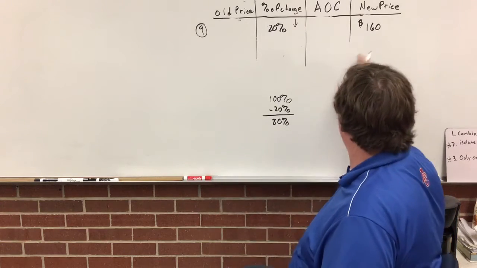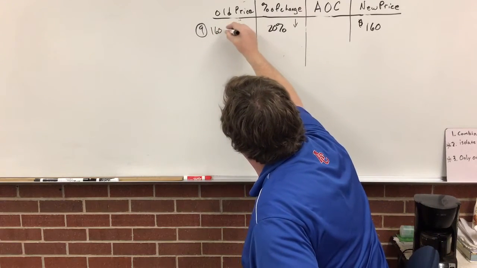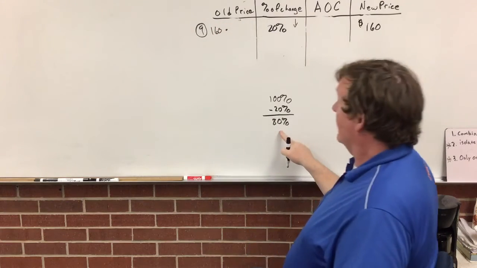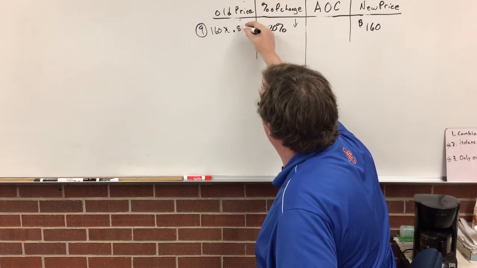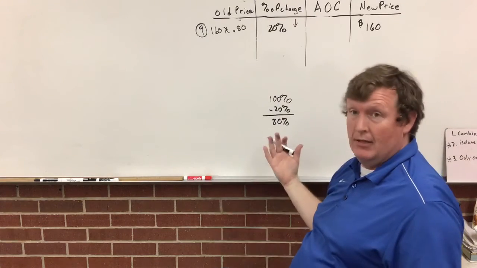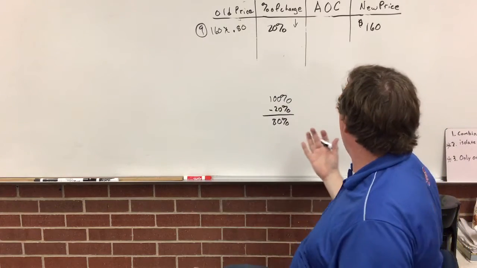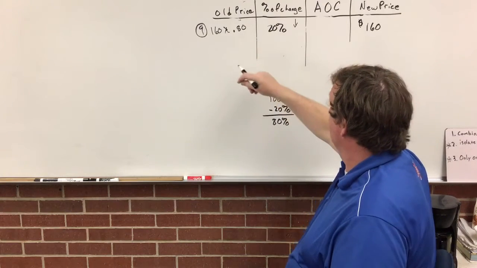So what we do is we take the new price times 80%. As a decimal, that's 0.80. Okay? So once we do that, we find out what the old price is.